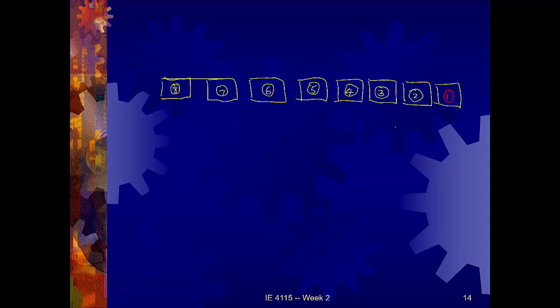If they are all occupied, then when can the 9th item enter this queue? When the first one moves out, right?